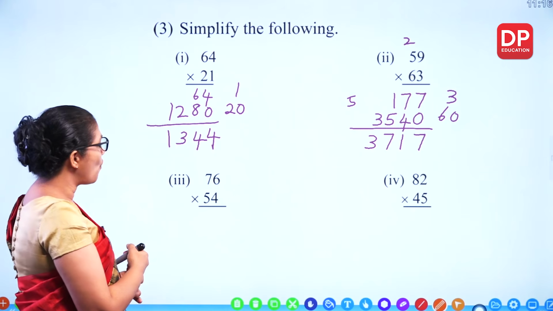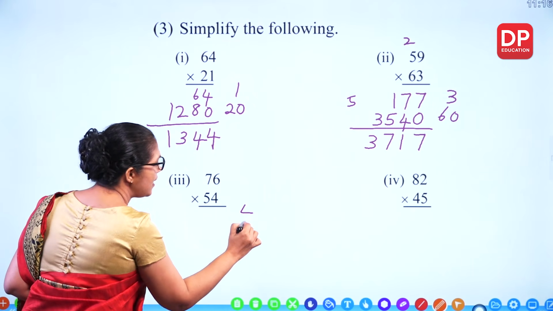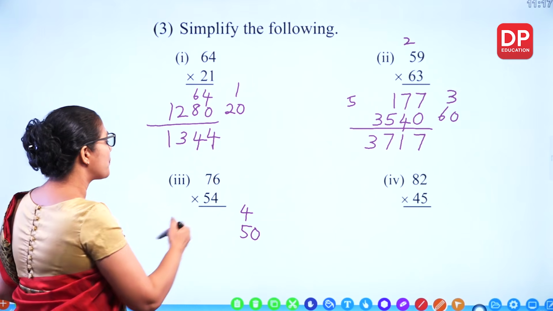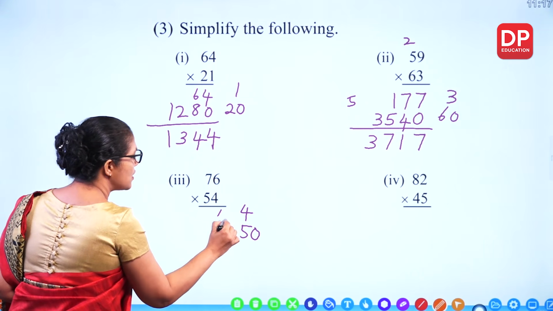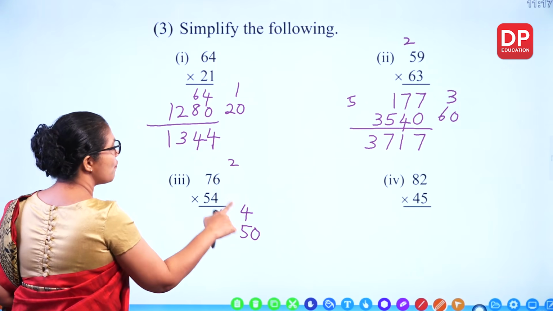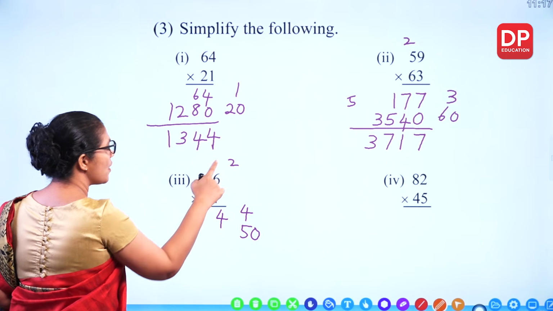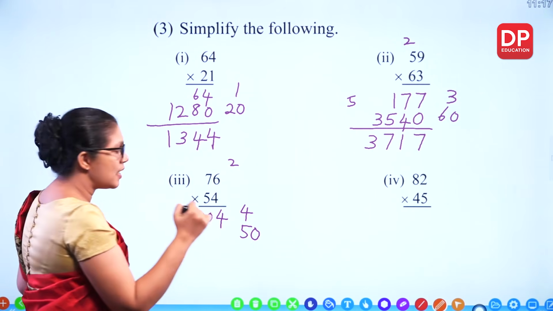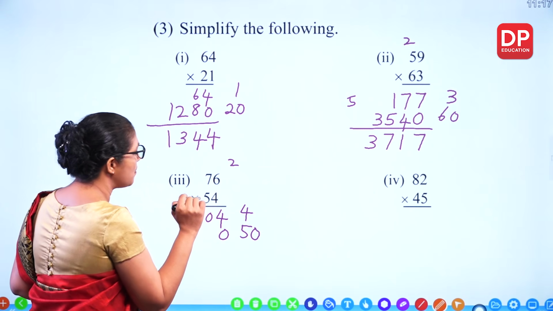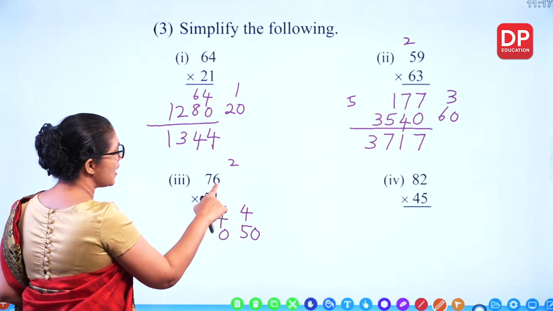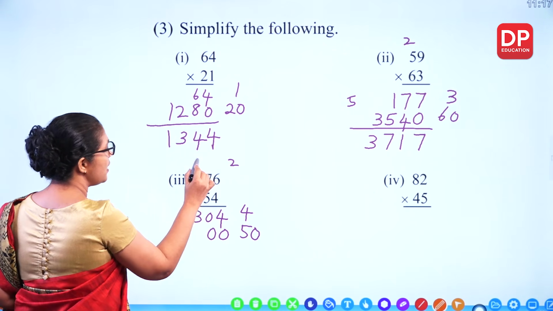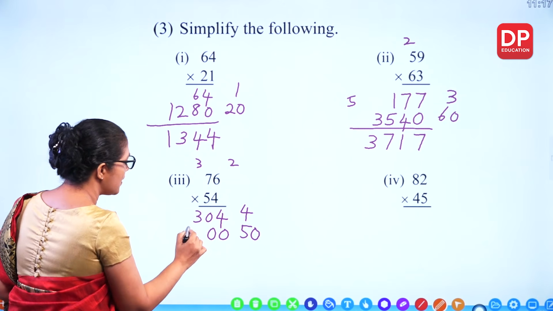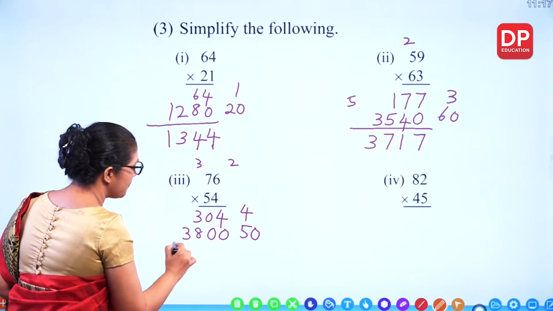Multiply by 54. How you do that? 4 and 50. So multiply by 4. 4 times 6, 24. 2 remaining. 4 times 7, 28 plus 2, 30. How we multiply by 50? Put a 0 and multiply by 5. 5 times 6, 30. 3 remaining. 5 times 7, 35 plus 3, 38.